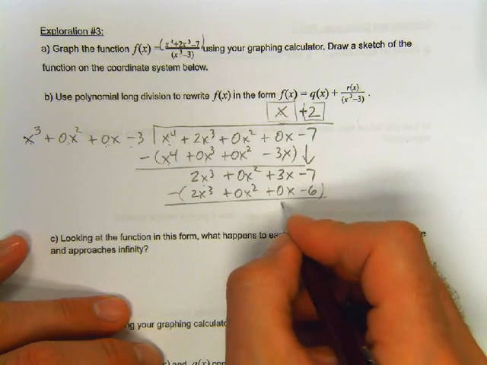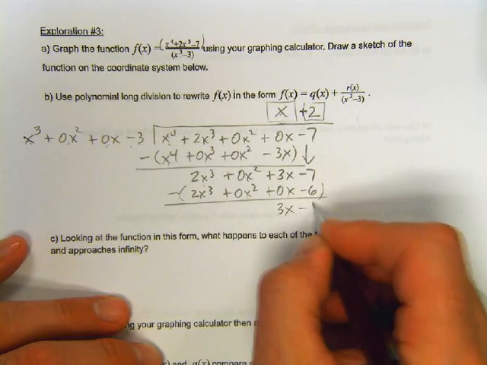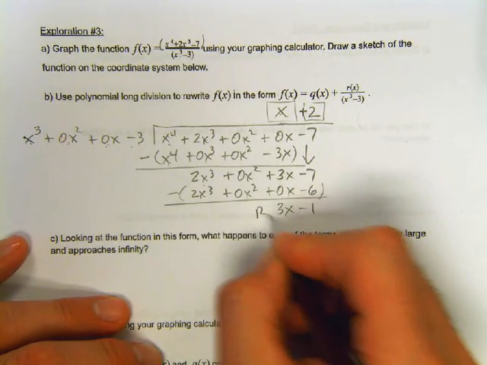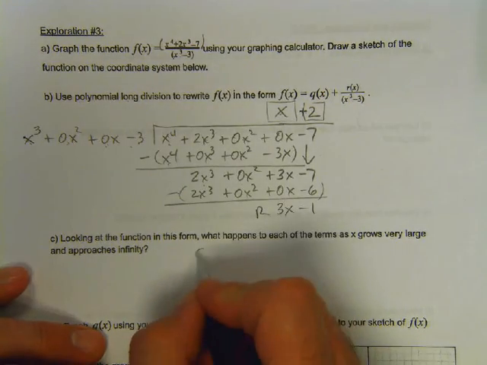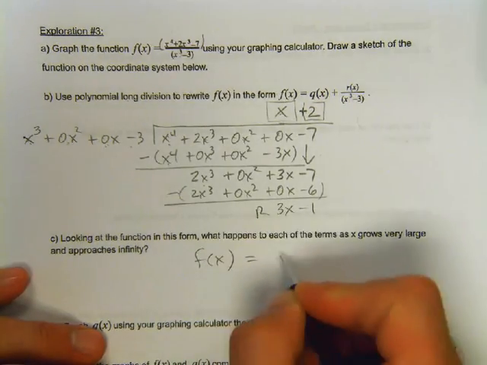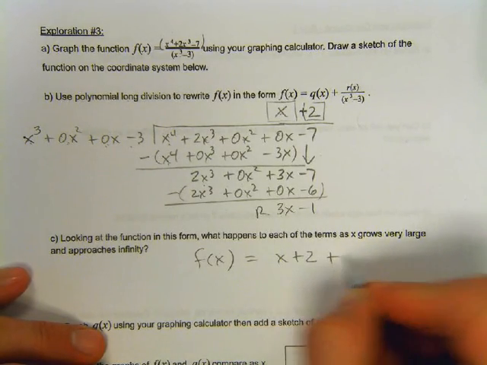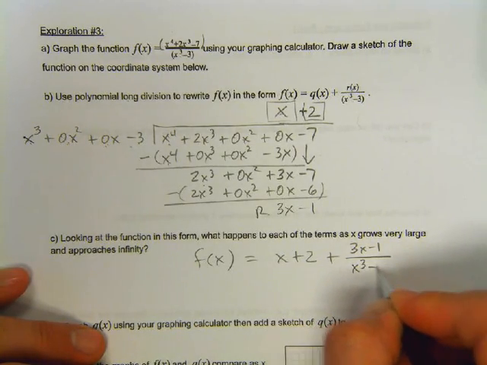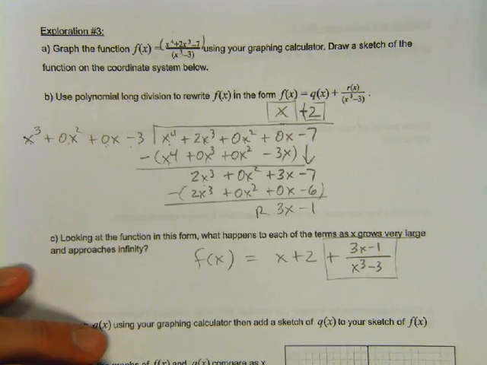Subtract: 0, 0, 3x minus 1. So that's the remainder. So f of x looks like x plus 2 plus (3x minus 1) divided by (x cubed minus 3). That's the remainder.